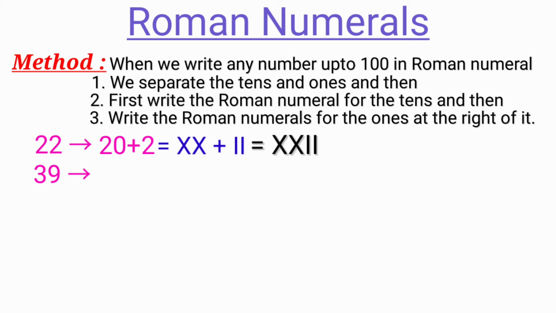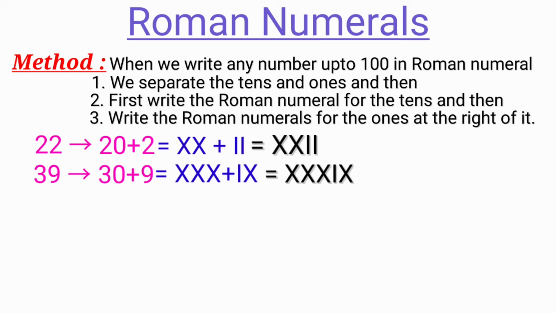Next is 39. Split 39 into tens and ones, that is 30 plus 9. For 30, we will write 3 times X, and for 9, we will write IX. We get XXXIX. Next is 44. Split 44 into tens and ones, that is 40 plus 4.